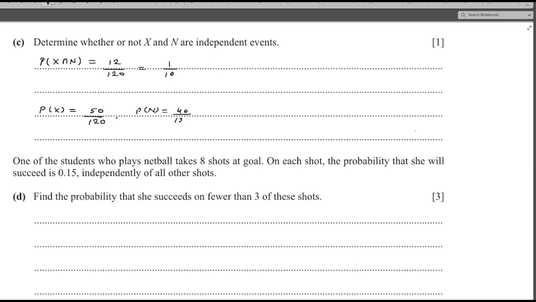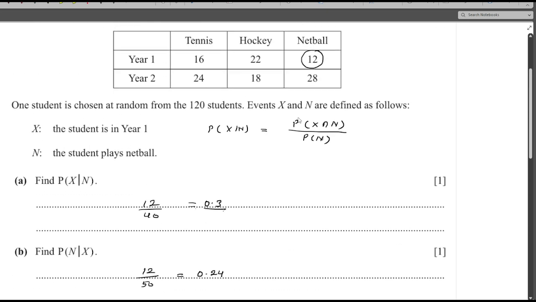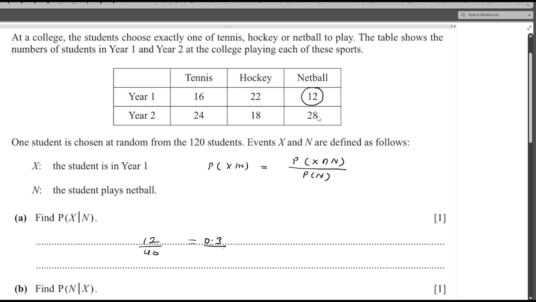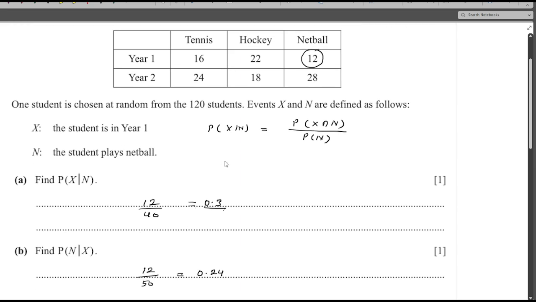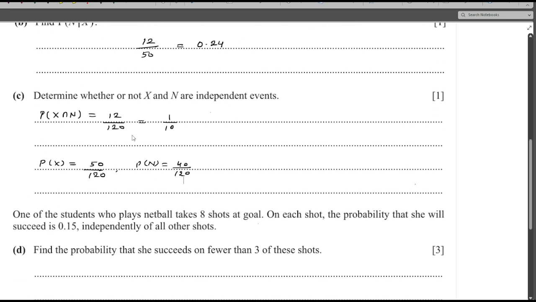For probability of N you add 12 and 28, and for probability of X you add 16, 22 and 12, the students studying in the first year, and the total number of students is 120. So now my selection is out of 120. There is no condition given, so probability of X is 50 divided by 120 and probability of N is 40 divided by 120.